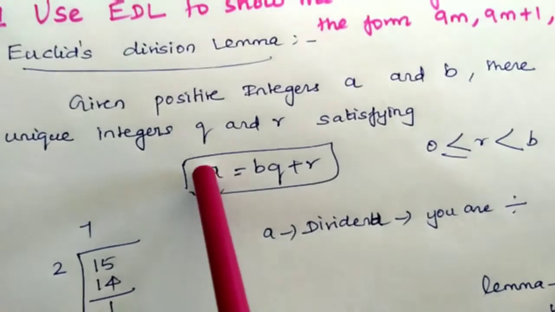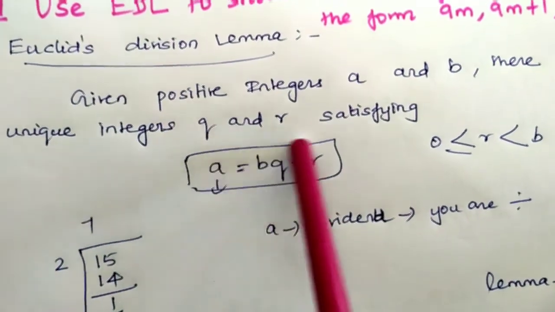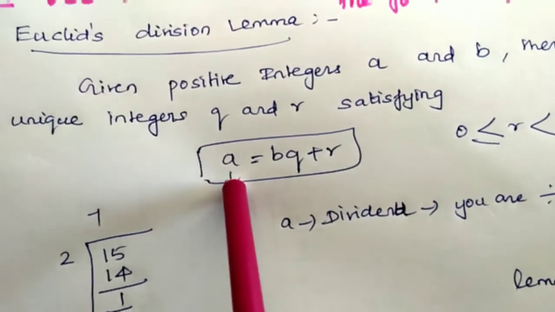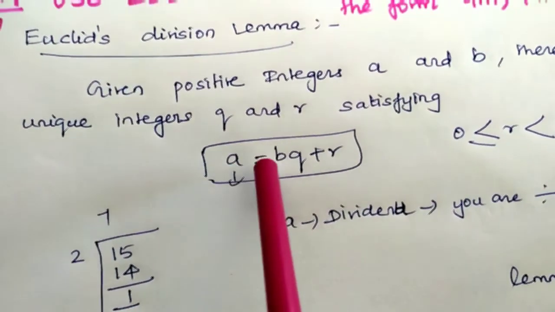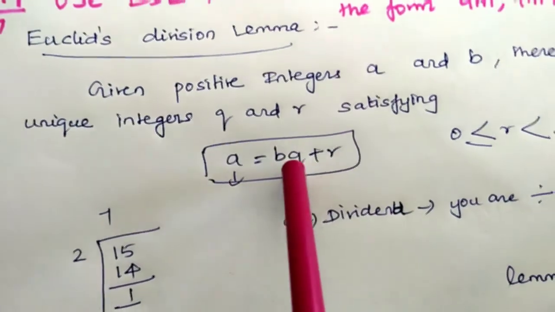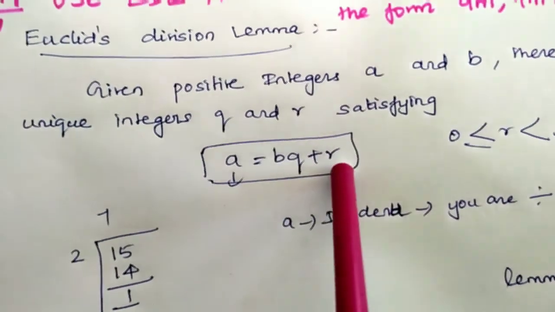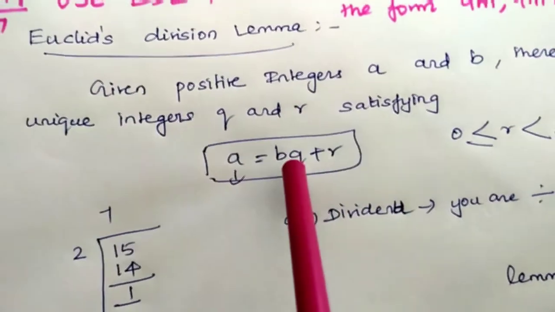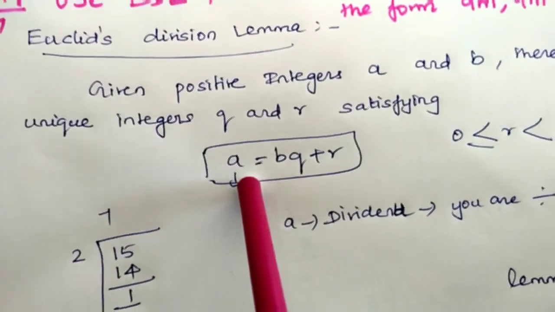Actually, we learned this theorem in our lower classes itself using some other terms. Let us consider a is the dividend, the number which is divided, b is the divisor, q is the quotient, and r is the remainder.